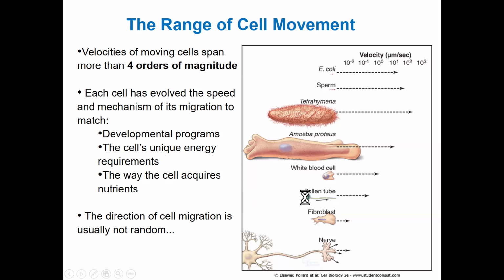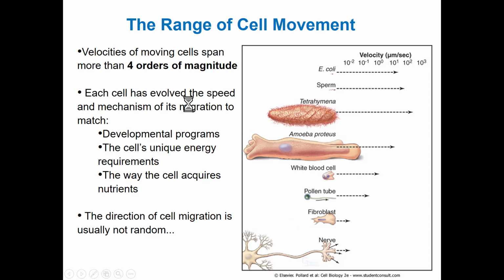Pollen tube: when pollen moves through the wind or other pollinator and drops onto the stigma, that is the female organ, it germinates, and then the germ tube moves toward the ovary for fertilization. Fibroblast motility, and nerve cells also have some sort of motility.